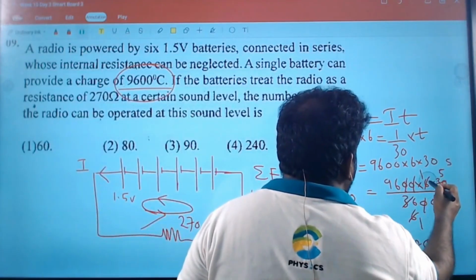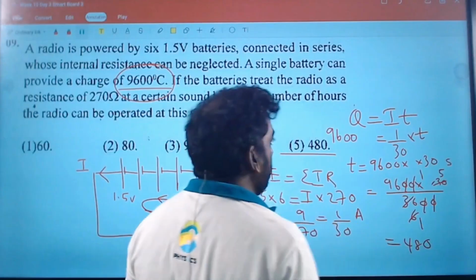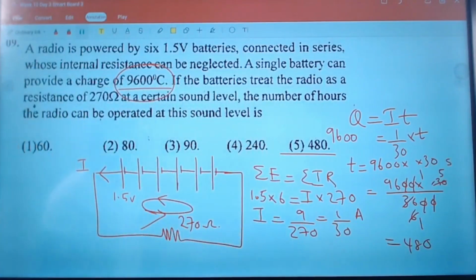So here, multiplying by 6 is wrong. Don't multiply. There is a reason. When you are connected in series, the amount of charge passing through will be the same. So whether one battery is working or whether 5 batteries are working, the basic idea should be the same. So 9 volt is given by the batteries.